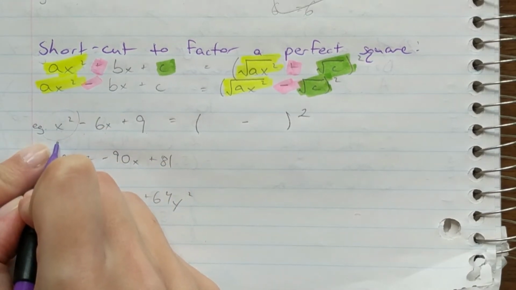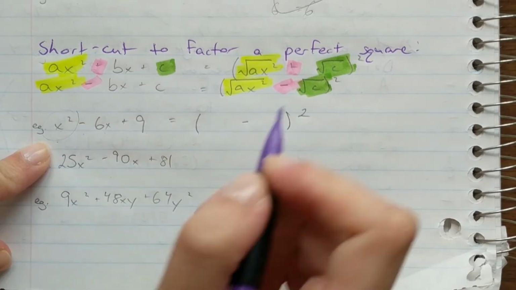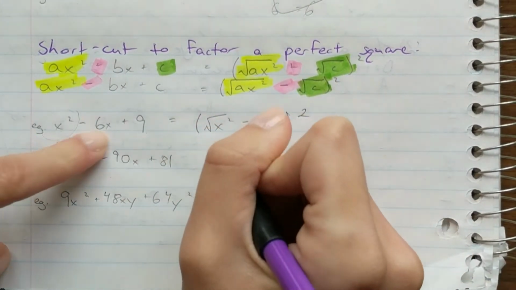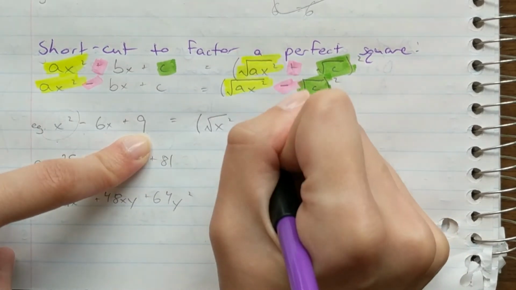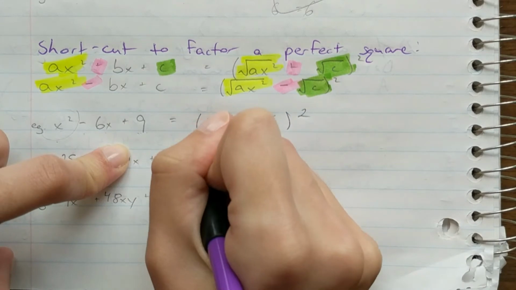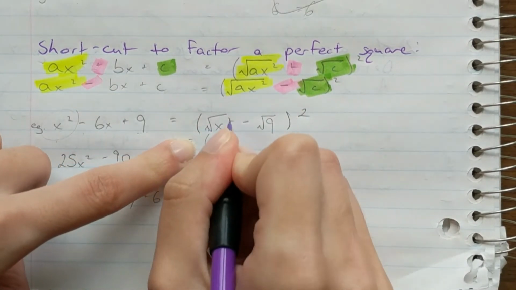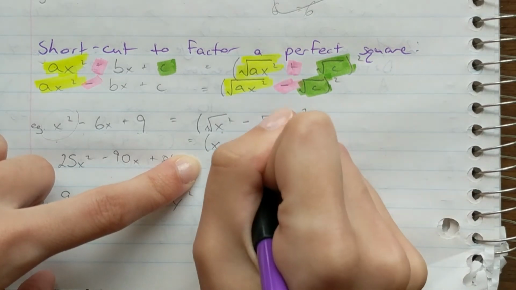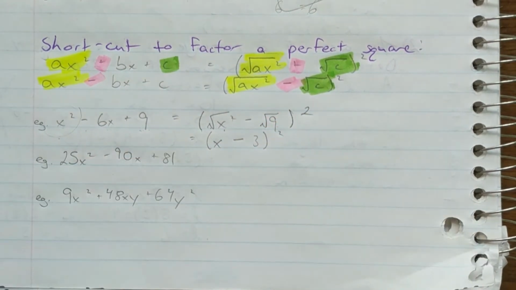The square root of x squared is x. And then I need to take the square root of 9 because that is my c. So the square root of x squared is x, minus the square root of 9 is 3, x minus 3 squared.